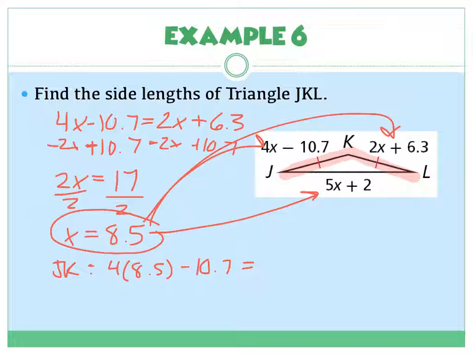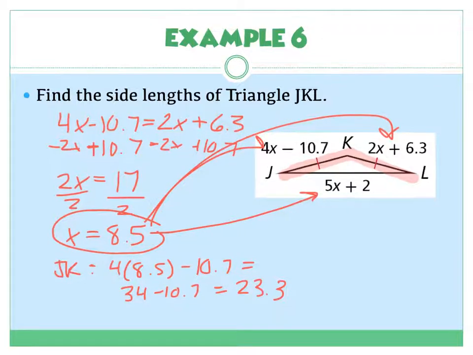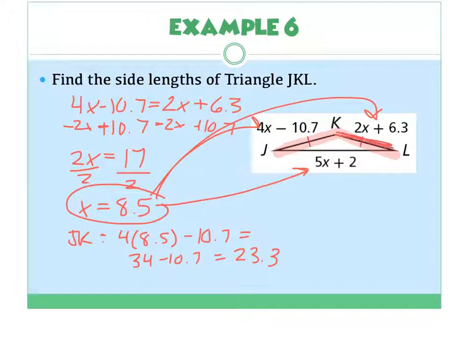What's 4 times 8.5? 34. Minus 10.7? 23.3. So we found JK. We know that KL is equal to JK, so we know that KL is going to be 23.3 also.